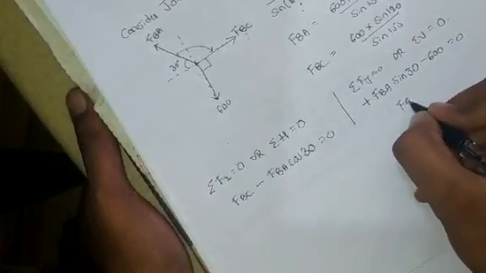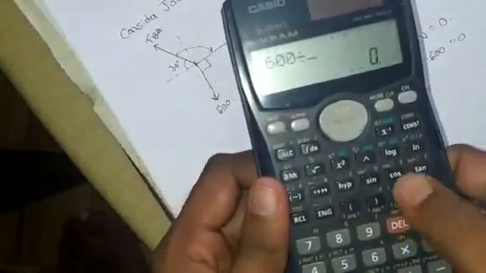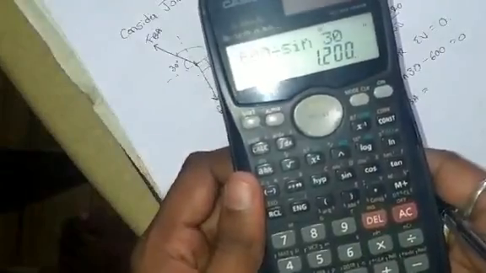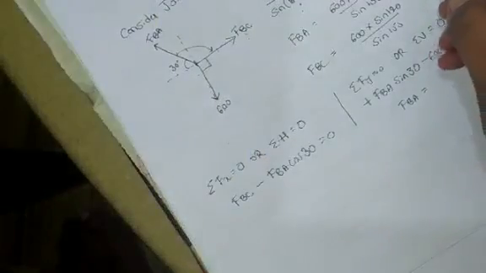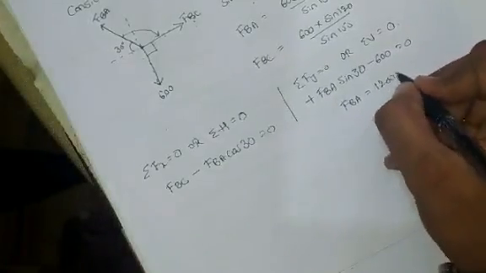So from this, FBA is equal to 600 by sine 30. You can see here it is 600 divided by sine 30, which is 1200 newtons.